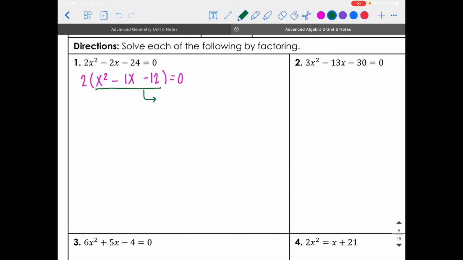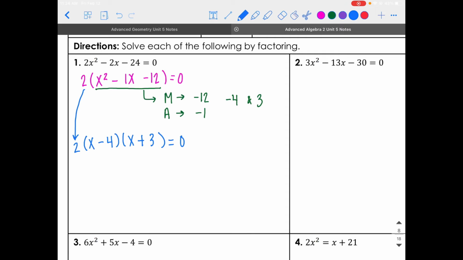We can go back to the other method, looking for two numbers that multiply to be -12 and add to be -1. Those numbers would be -4 and 3. So we get x minus 4, x plus 3, and we also need to bring down that 2.